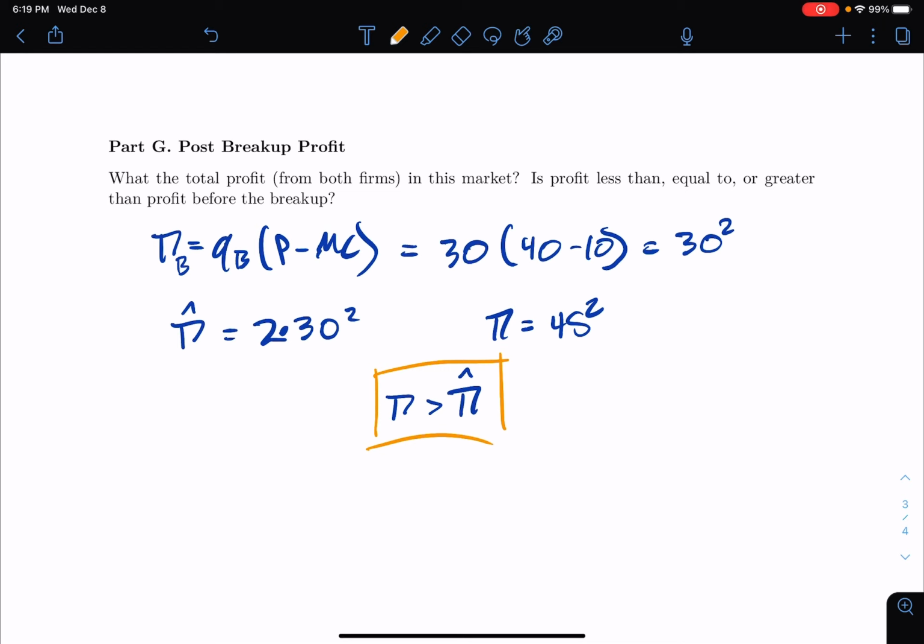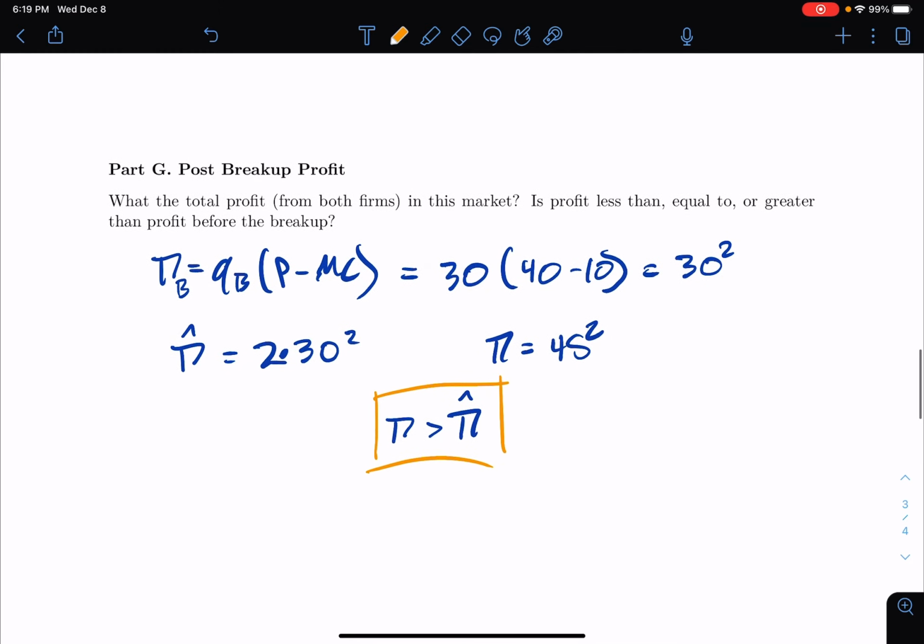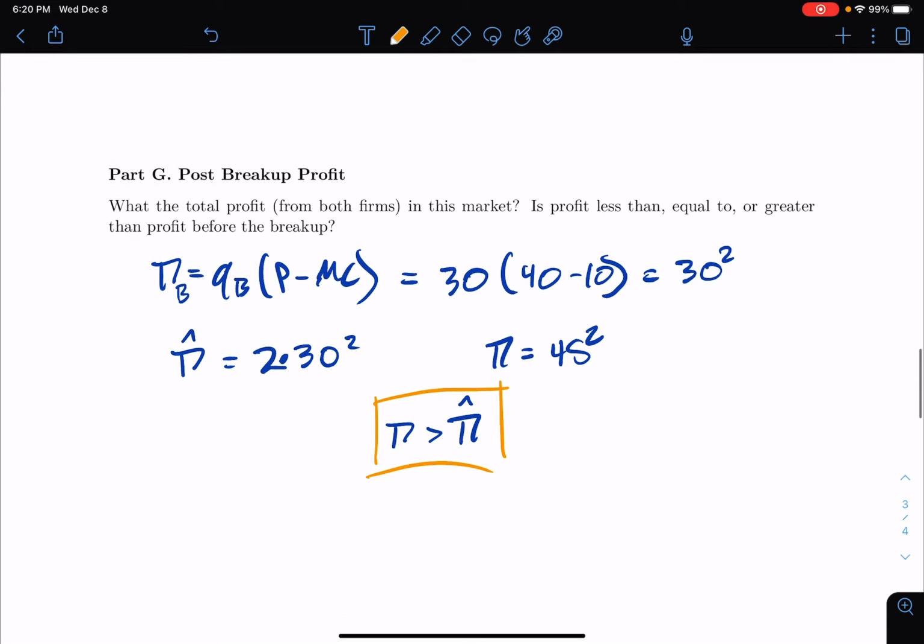And just thinking through the intuition here, thinking through when we discussed collusion and cartels, this makes a lot of sense. The profit for the single firm being greater means that there's some incentive for these two firms, A and B, to collude and behave like monopolists and then split their profits.